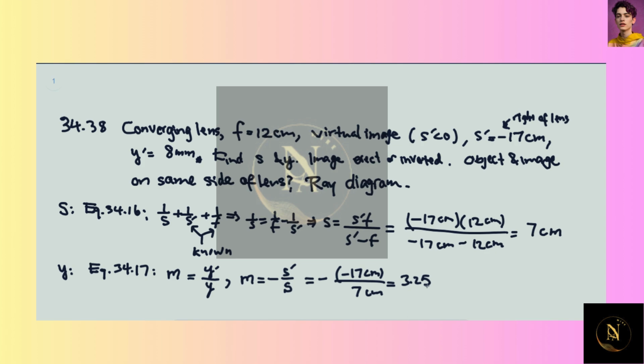Sorry, that gives me not 3.25. And I urge you to also check my arithmetic as I go along. Just plug in the numbers yourself. Sometimes I do make mistakes with these things. That is 2.43. And since m is positive, that means that the image is erect.